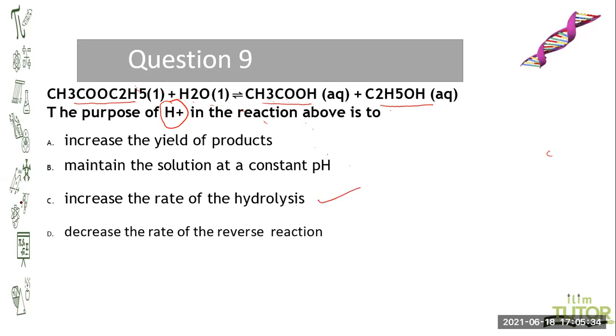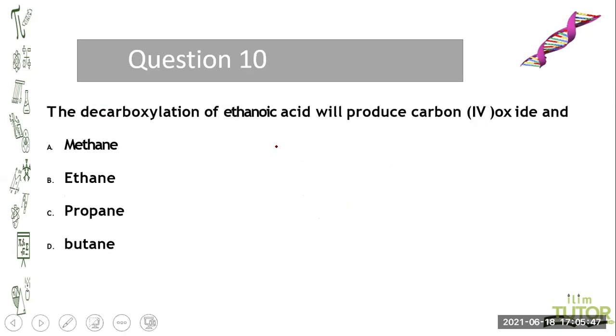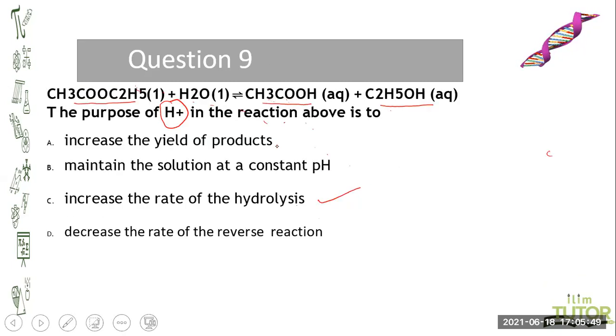Majorly what a catalyst does is to increase the rate of reaction. And since this reaction is reversible, I will not be increasing the yield of product. I will basically be looking at it from the position that it will increase the rate of reaction. And this reaction is called hydrolysis.